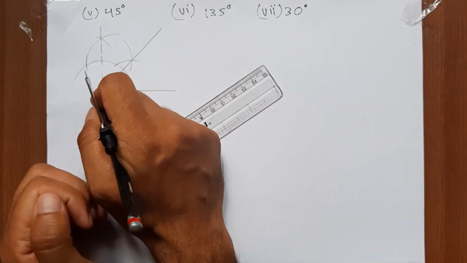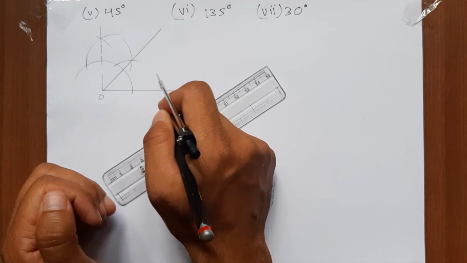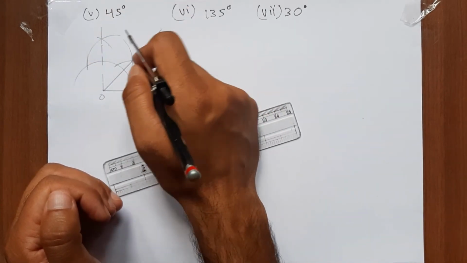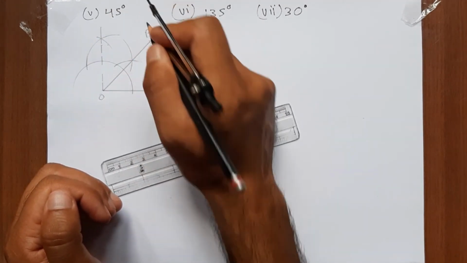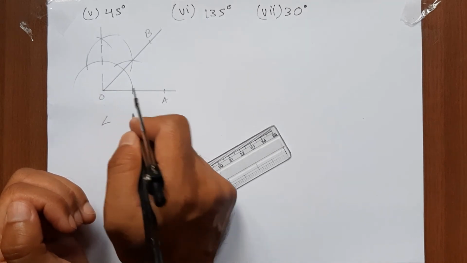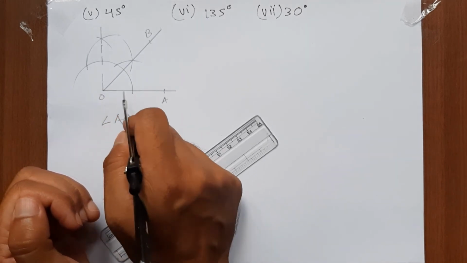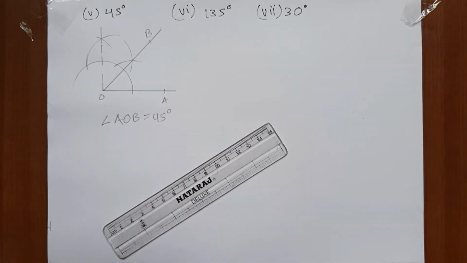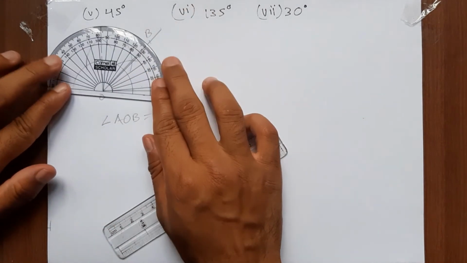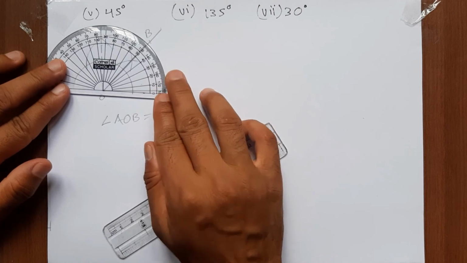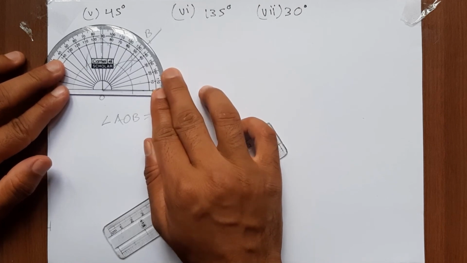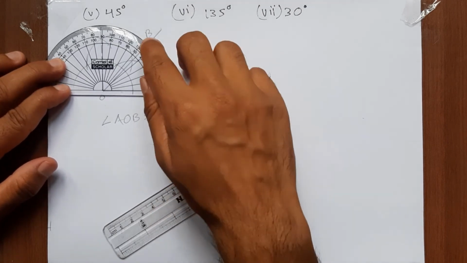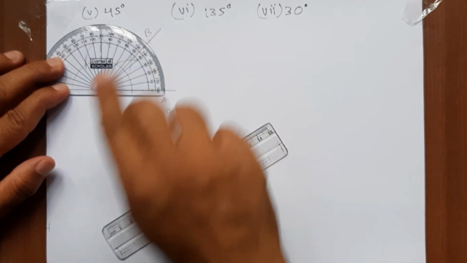Let me name this O, A, this is B. Angle AOB equals 45 degrees. Let me check. It is 45 degrees.